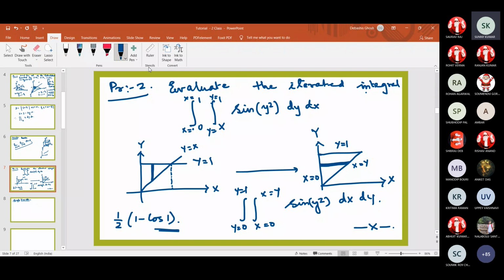Sir, can you say the strip moves from x equal to 0 to x equal to y in the left? This graph, x equals 0 to x equals y. That is your dy. That is actually the dy. What you are saying, you are right.